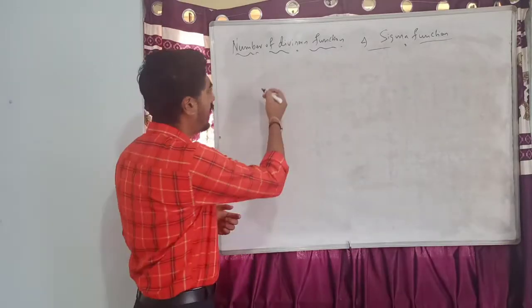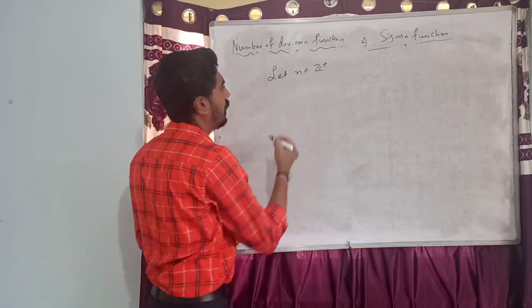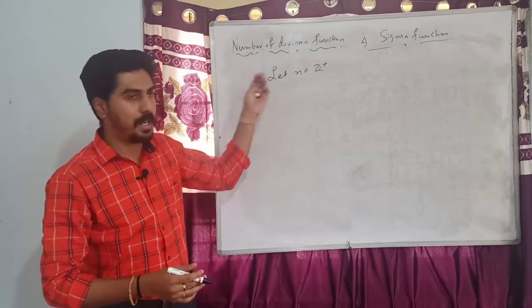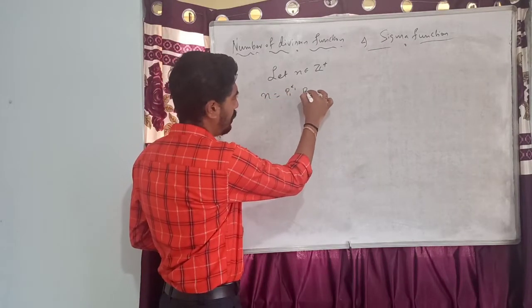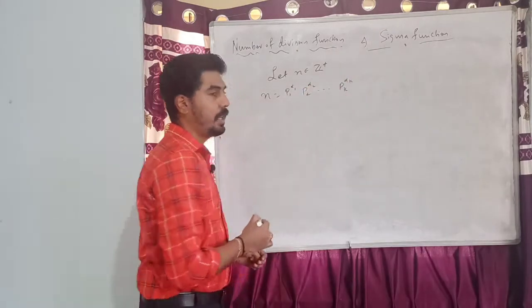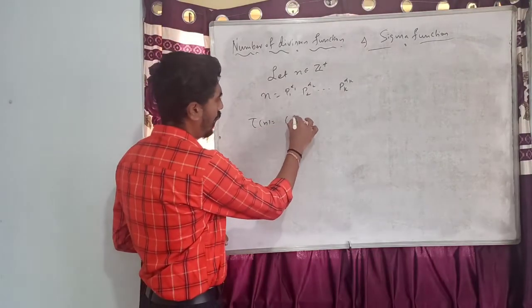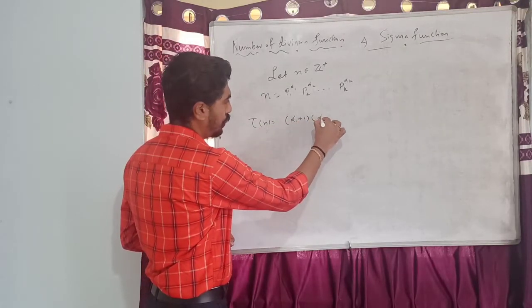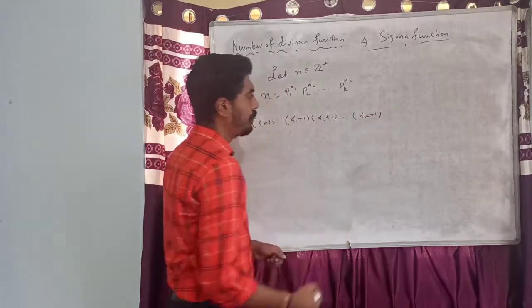Now for any positive integer n, if I consider the prime factorization of n, say n equal to p1 power alpha 1, p2 power alpha 2, etc., pk power alpha k, then tau of n is given by alpha 1 plus 1 into alpha 2 plus 1, etc., alpha k plus 1.